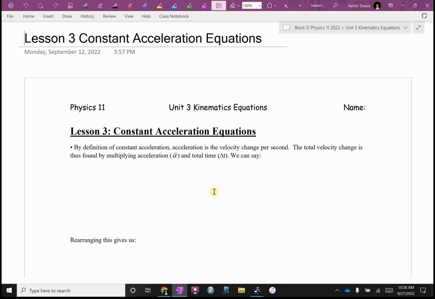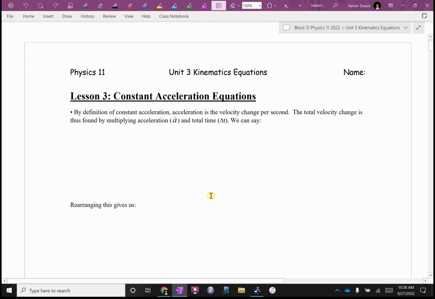All right? We started out yesterday, we defined what acceleration was. We said that acceleration was the velocity change per second, and velocity change can be found by multiplying A times delta t, acceleration times time.